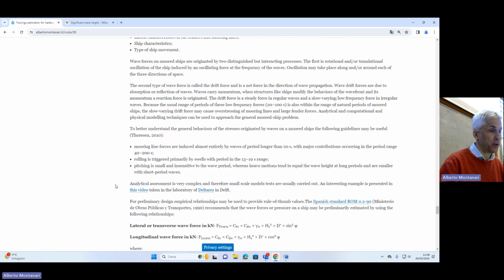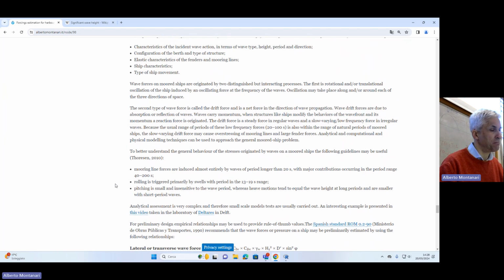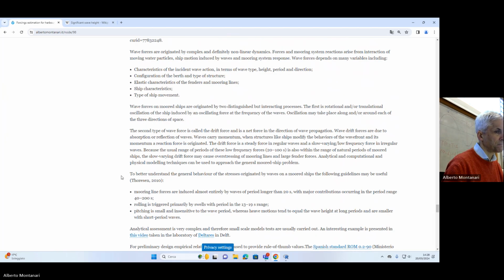Now, before introducing the relationships, a final consideration is related to the wave period, because the wave forcing, in principle, depends on the wave period, not only on the wave height.